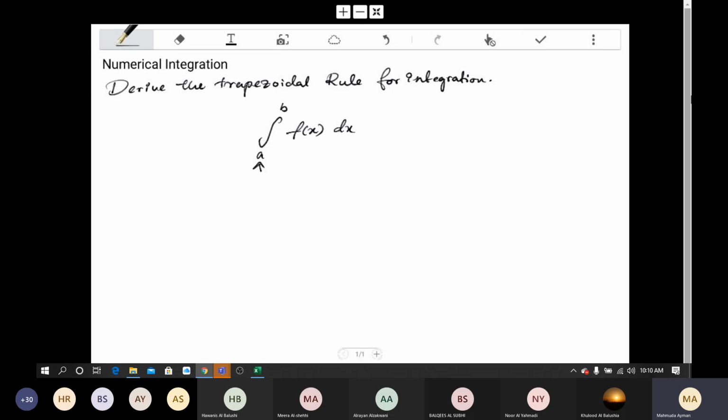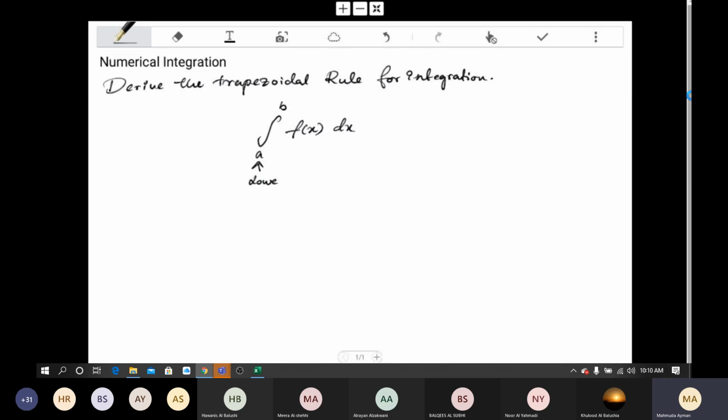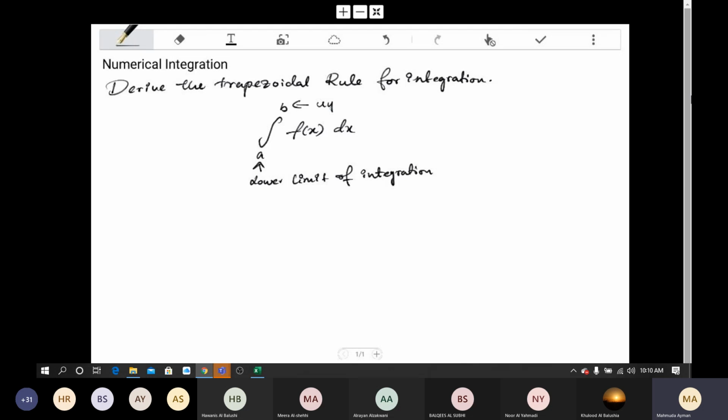This one here is your lower limit of integration, and this one here is your upper limit of integration. And the function is said to be the integrand.